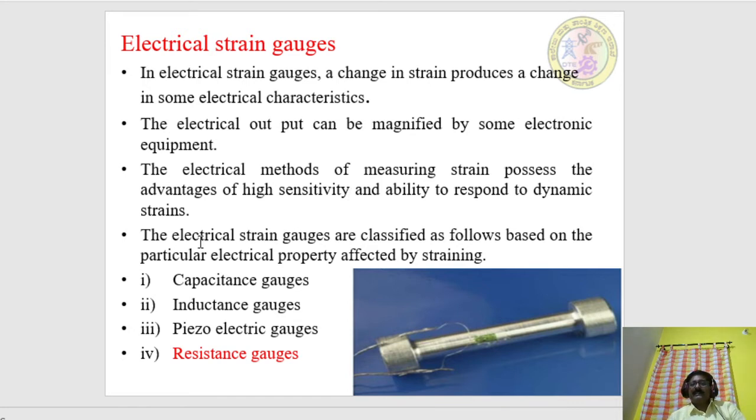These strain gauges are classified based on the electrical property affected by straining. There are four different types of electrical strain gauges, namely capacitance gauges, inductance gauges, piezoelectric gauges, and finally resistance gauges.